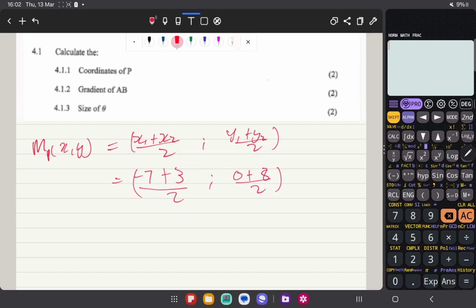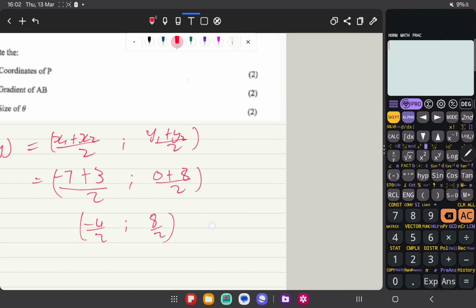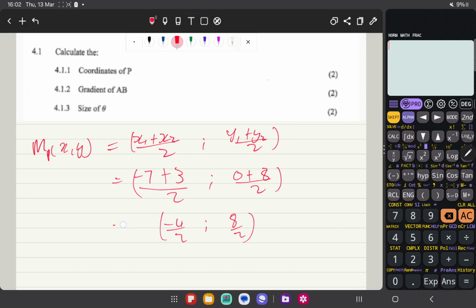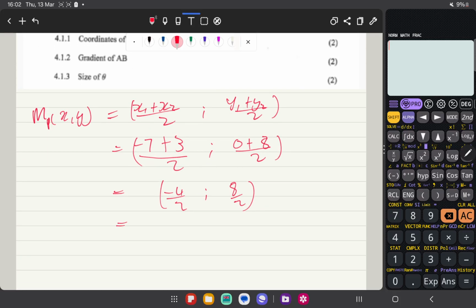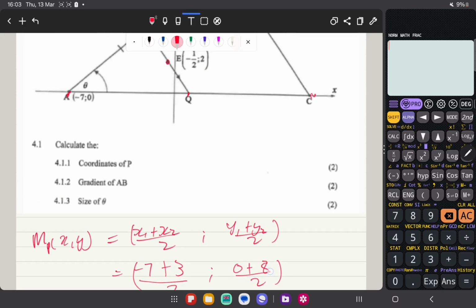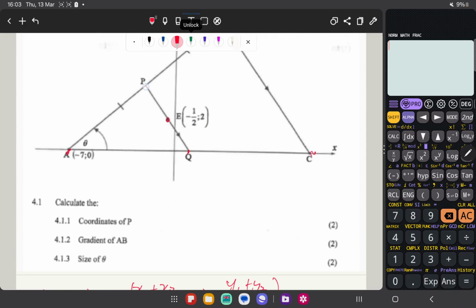I do my math. That is minus 4 over 2, and that is 8 over 2. And the final coordinate of the point is going to be minus 2 and 4. So this point right here is minus 2 and 4.